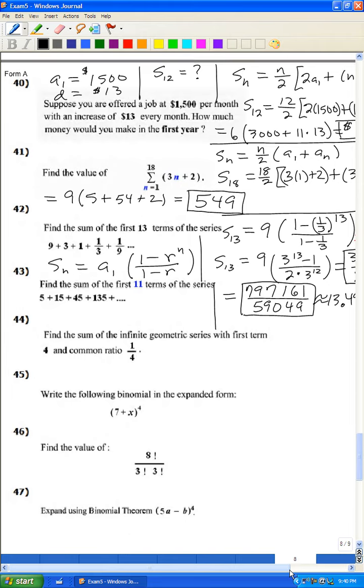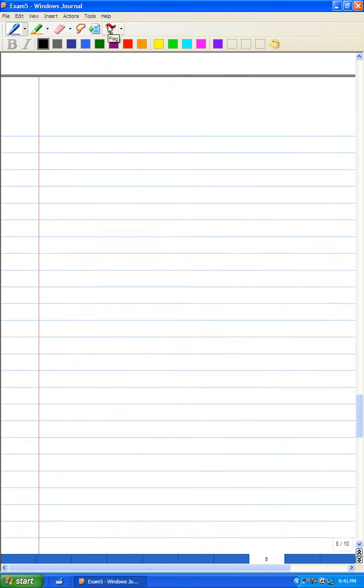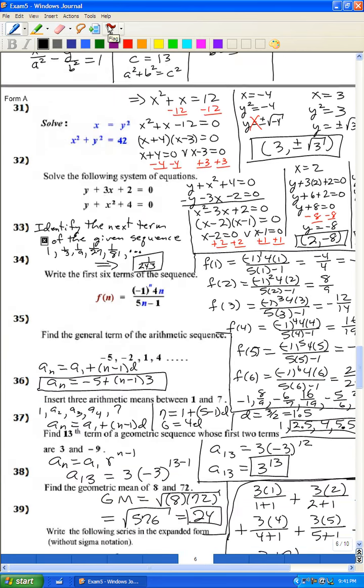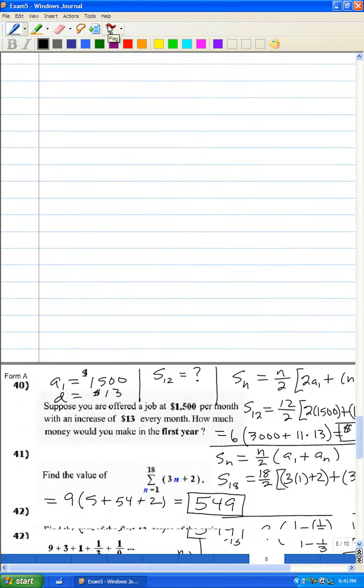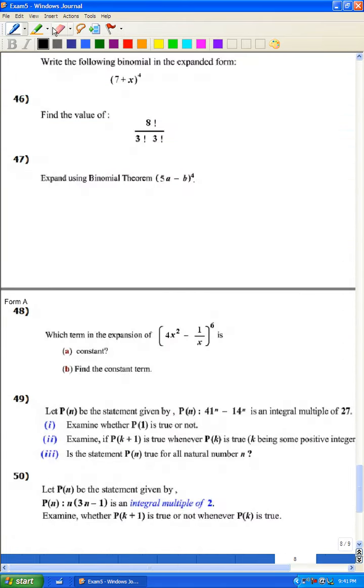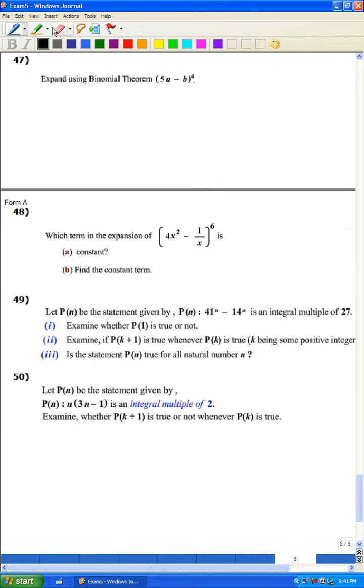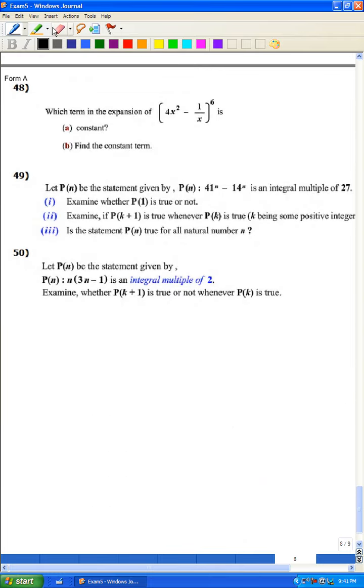Let's see if I can insert a new page here.